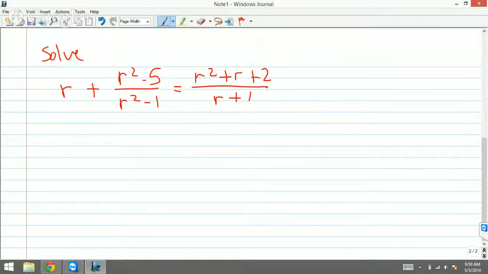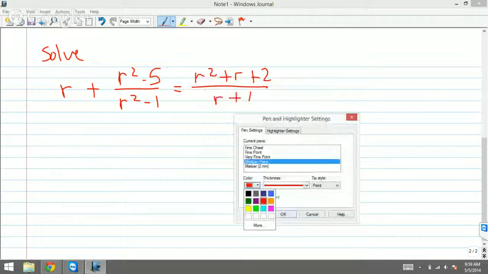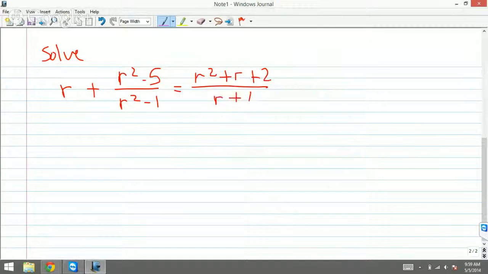Okay, a little harder. Again, find a common denominator. Minus. Where? You're close.